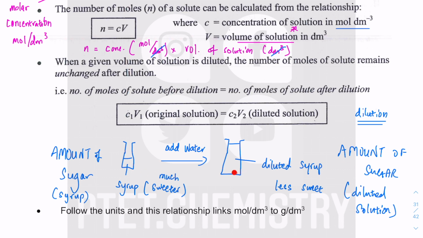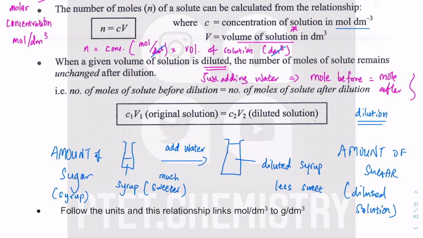This is the very same idea that we use when we do dilution. Whenever you do dilution, that means you are just adding water, so we are just making it less concentrated. So the mole before is equal to the mole after, because you haven't changed the mole. The mole remains the same because all you did was add water.